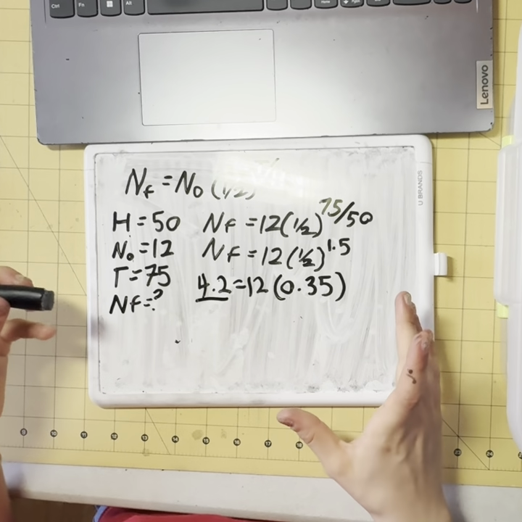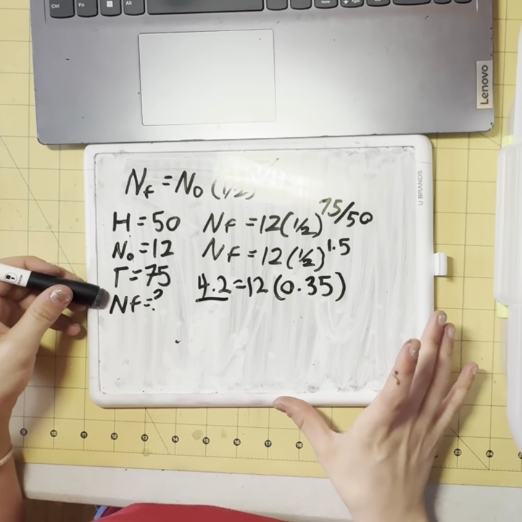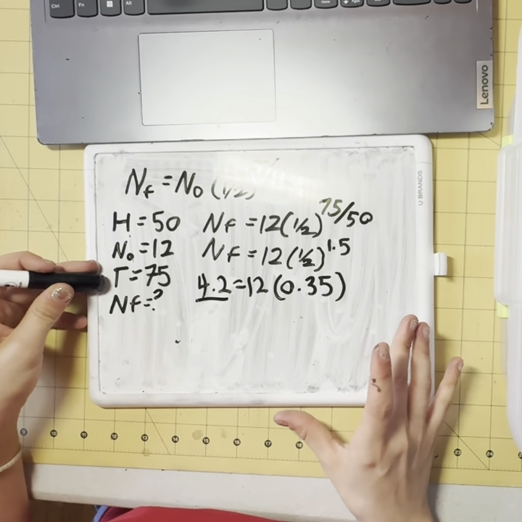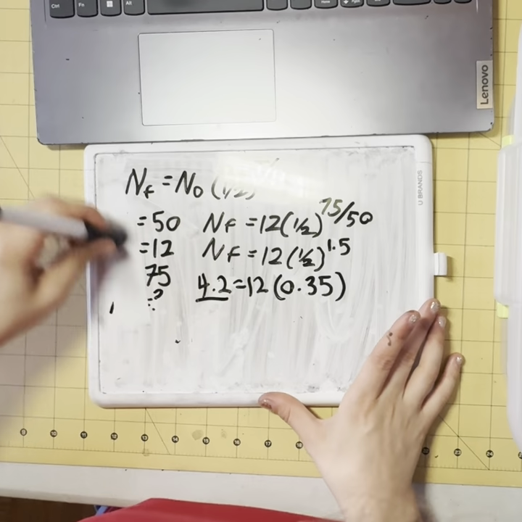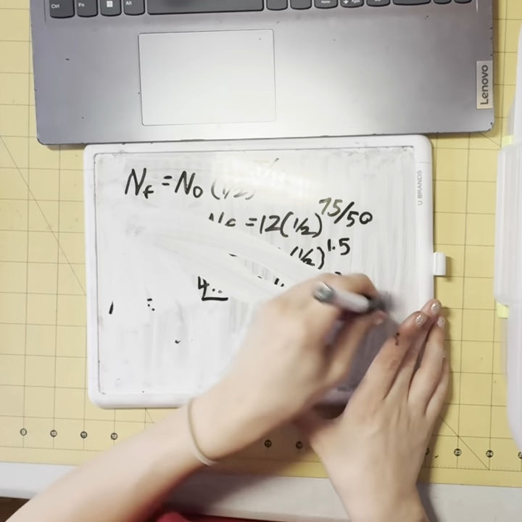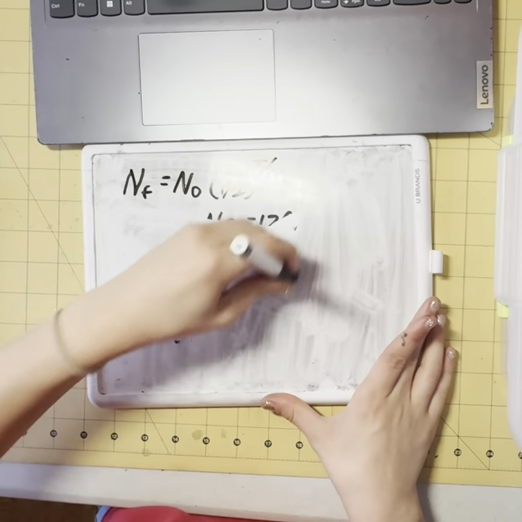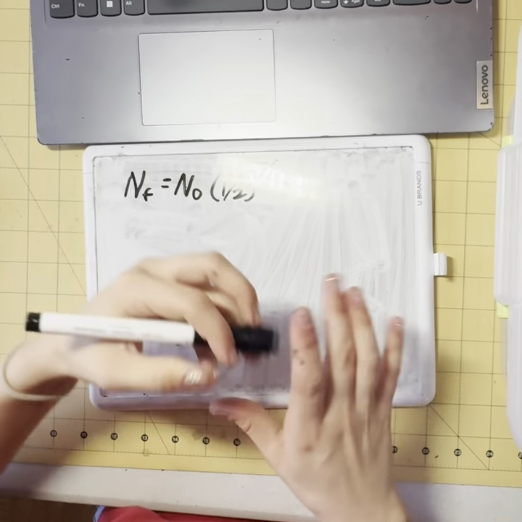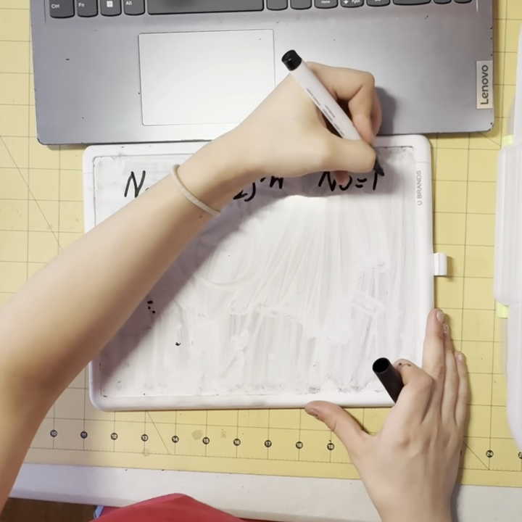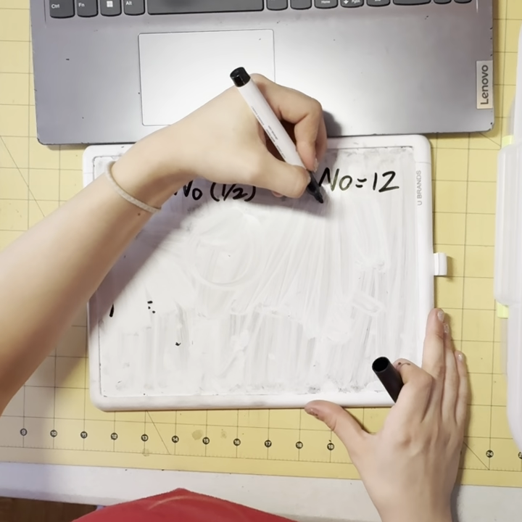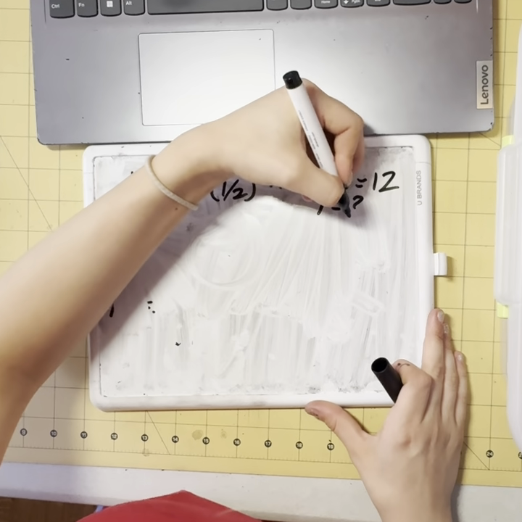Now, another question that you might see is how long will it take for there to be 1 gram left? So in this case, this is a bit interesting. I'm going to erase this for the most part. We're going to keep the other values the same, meaning that our NO is going to be 12. Our time, we don't know.